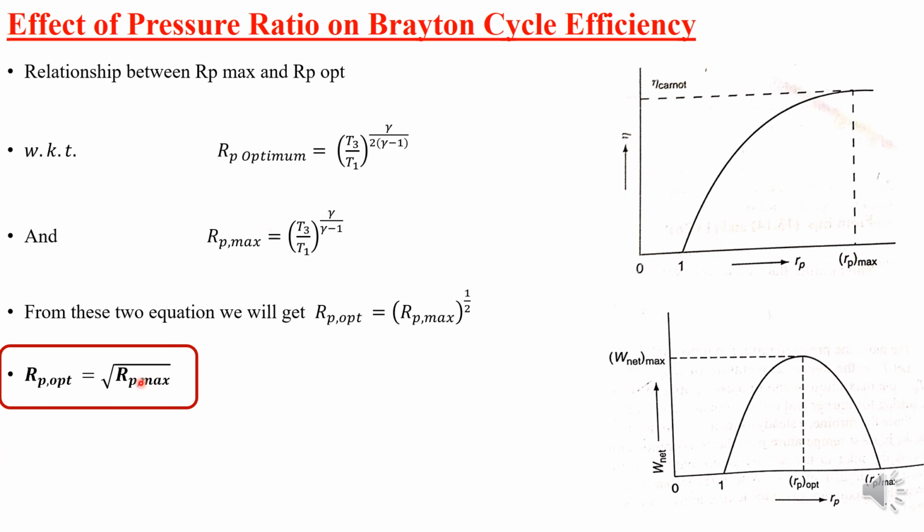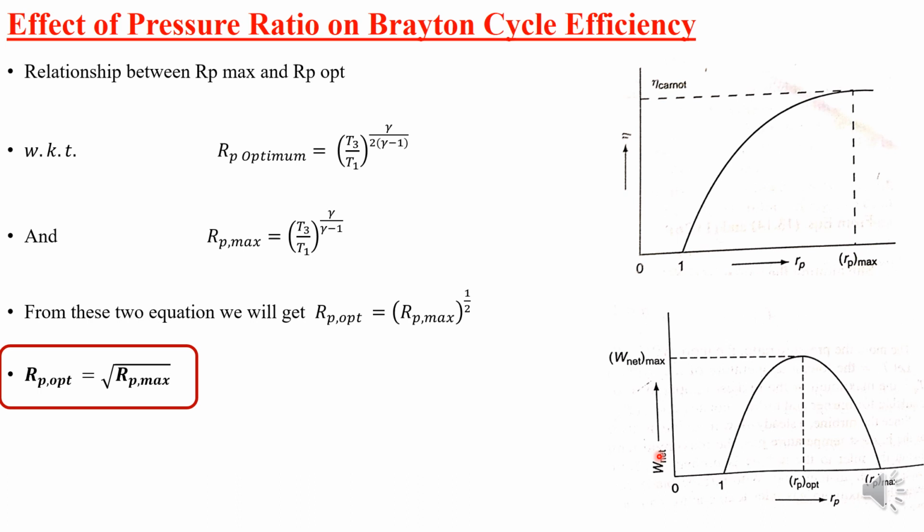While plotting the graph, what will happen? See over here, when Rp is equal to 1, that is, the pressure ratio is 1, your work capacity will be 0. That means there won't be any work. The maximum and minimum pressures are on the same line, so just one horizontal line will be there.